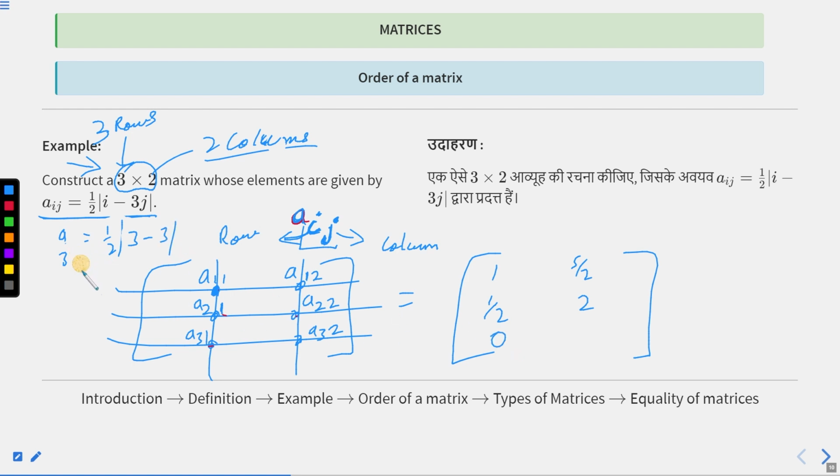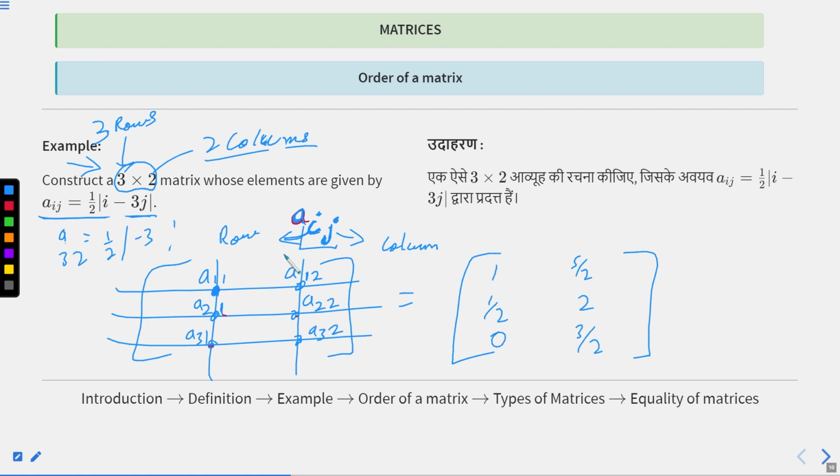Now 3 2. 3 2 means 3 minus 6, you will have 3, so 3 by 6. Okay, for 3 2, let me evaluate once again. So 3 2 means minus 3, and this means 3 by 2, not 1 by 2, it will be 3 by 2.